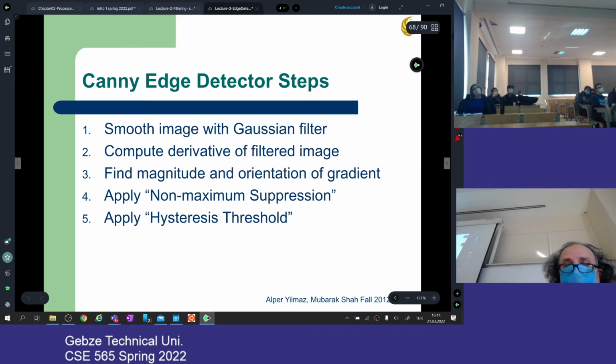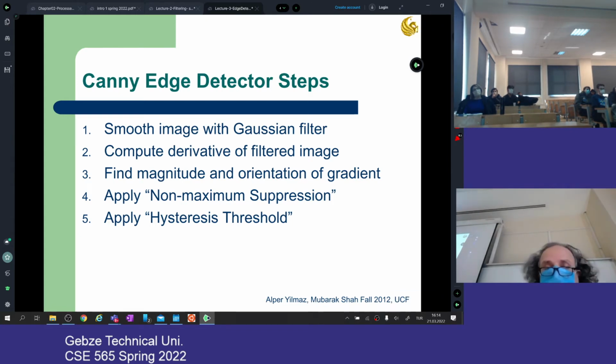Okay, so these are the steps of Canny. First, smooth the image with a Gaussian. Then compute the derivative in the x and y dimensions separately. And like the previous operator, find the magnitude, x squared plus y squared. Also find the orientation of each pixel.